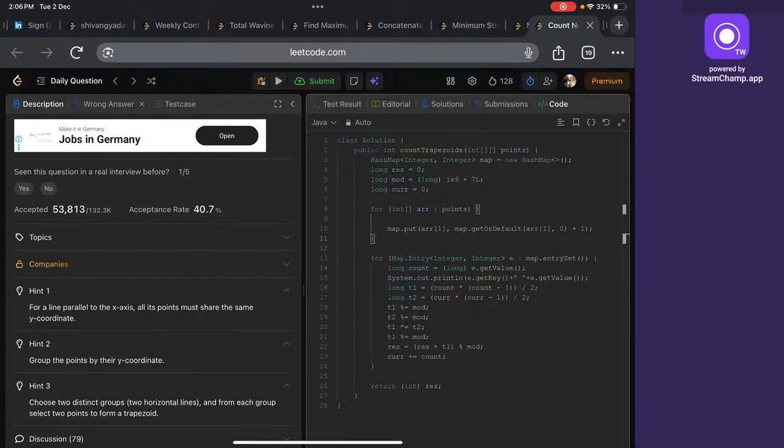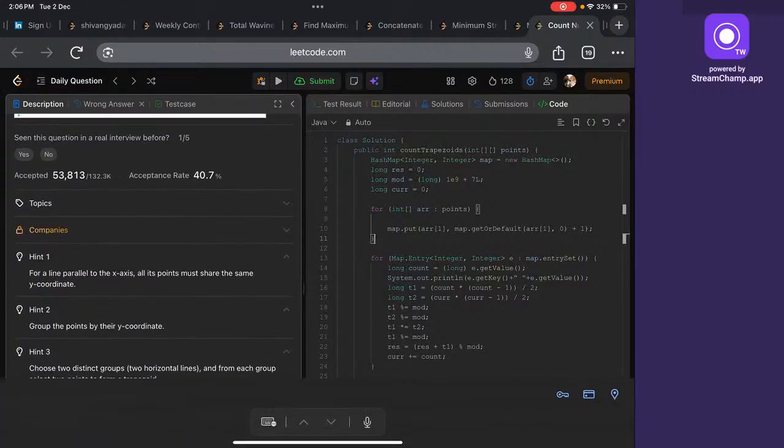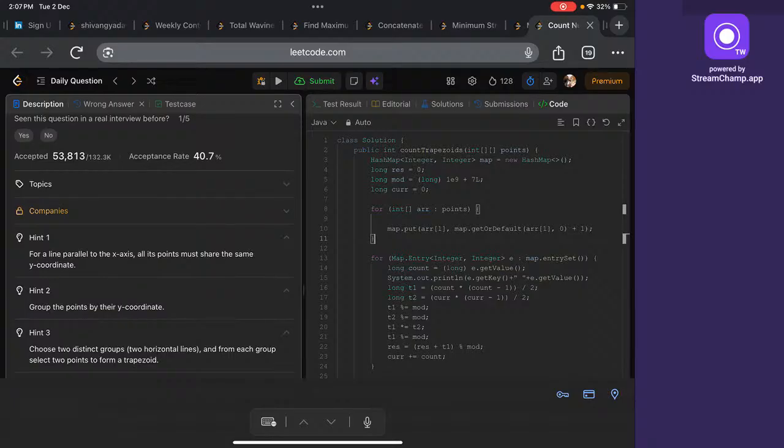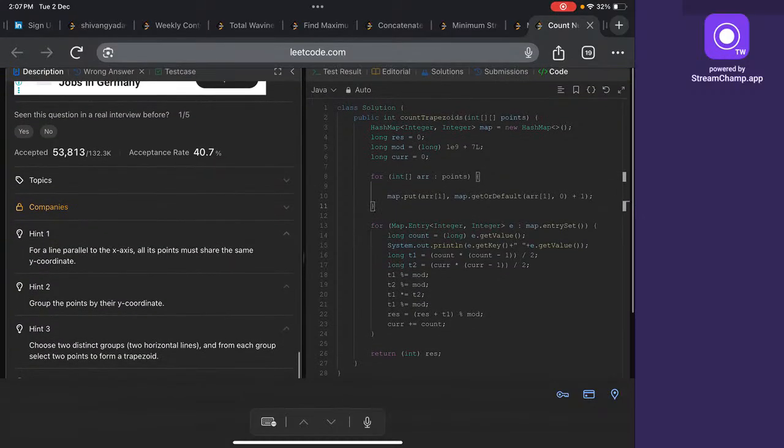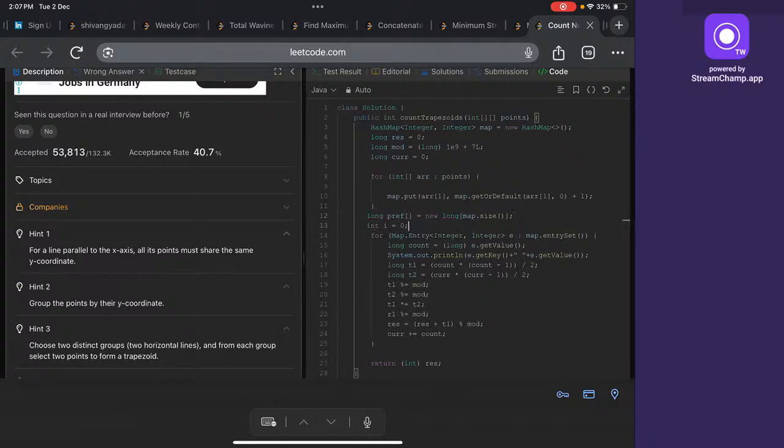Let's assume I'm making, okay, I need only 2 points, right? I will use prefix sums then. I can use a long prefix array of new long of map dot size and a pointer for that equal to 0.